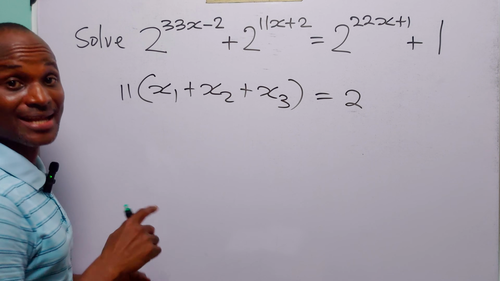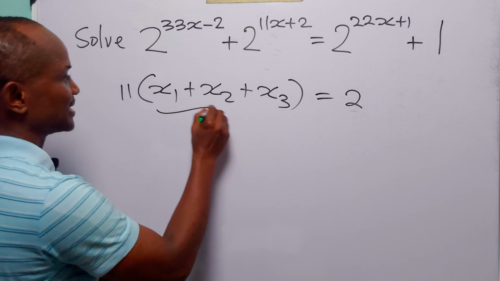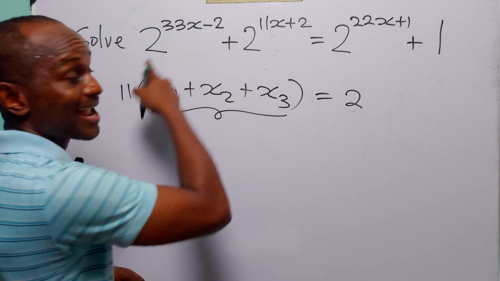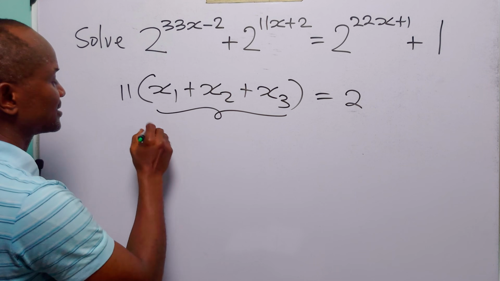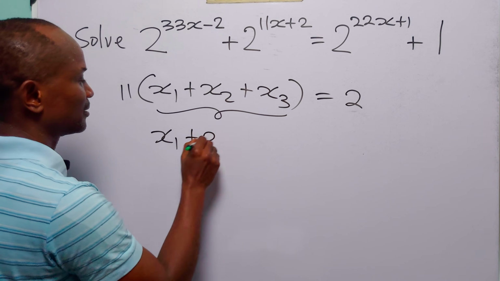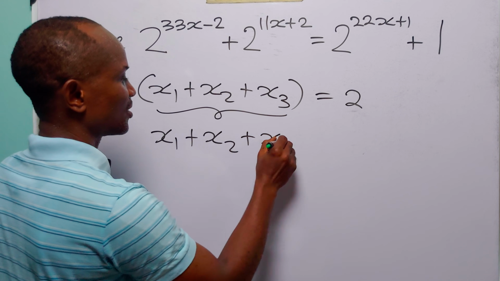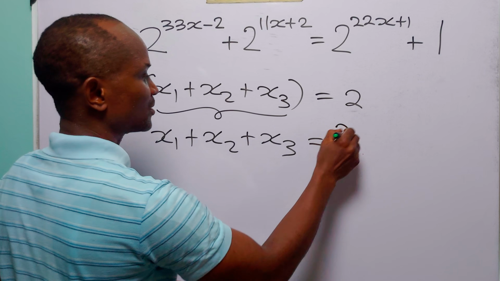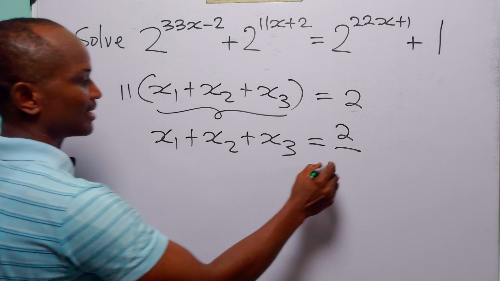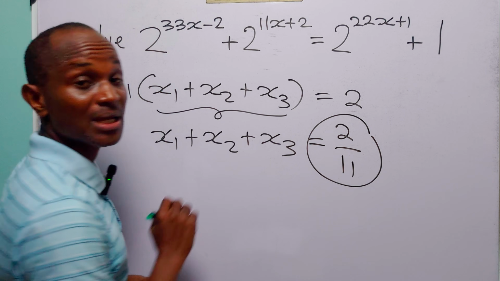And of course, from here, it's easy to see that the sum of the roots of this exponential equation, that is x1 plus x2 plus x3, is equal to 2 divided by 11.